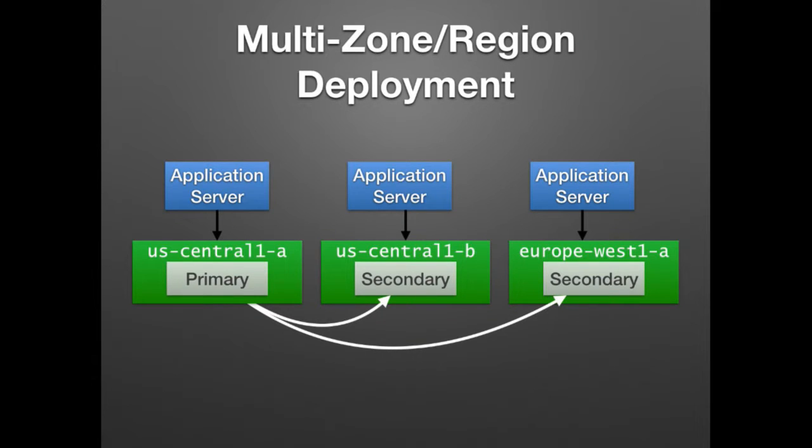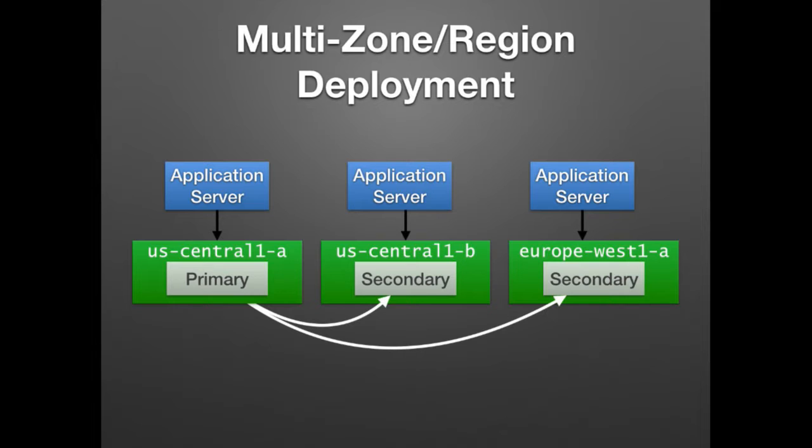When we're talking about high availability and cloud infrastructure, you can take advantage of the fact that providers like Google Compute Engine have multiple data centers and multiple geographic zones. So we can place a MongoDB node in different data centers and in different geographic regions, and we can construct a replica set to connect to that.